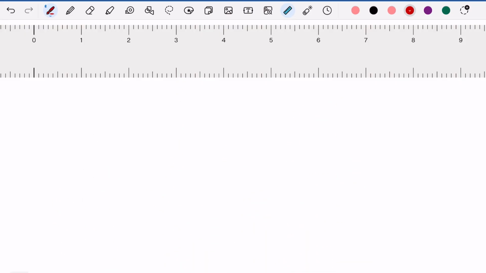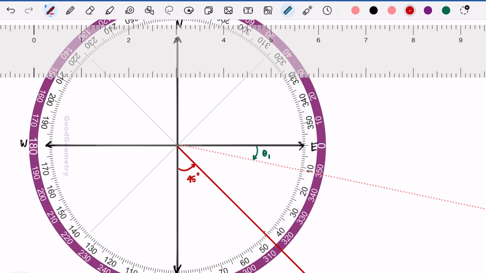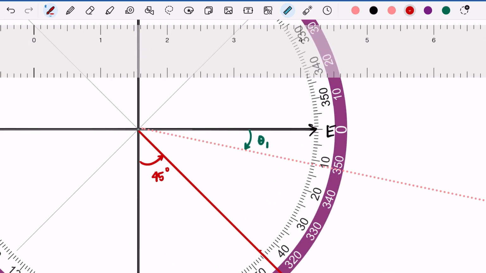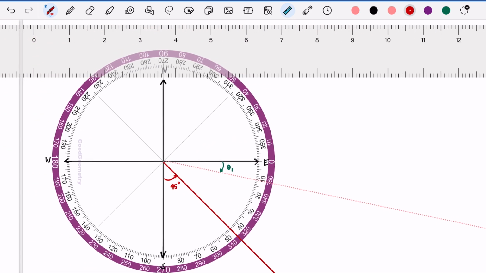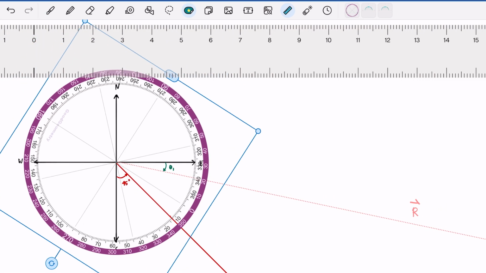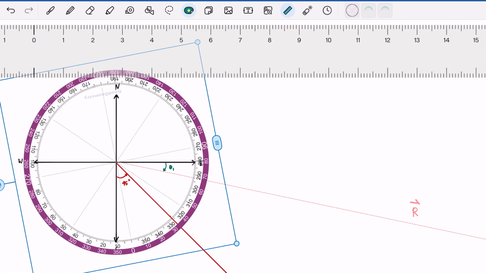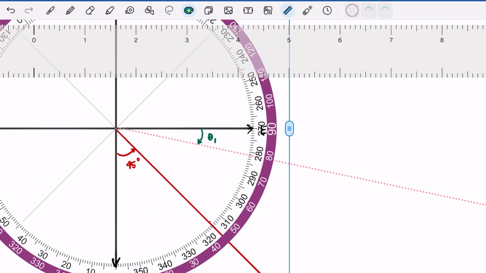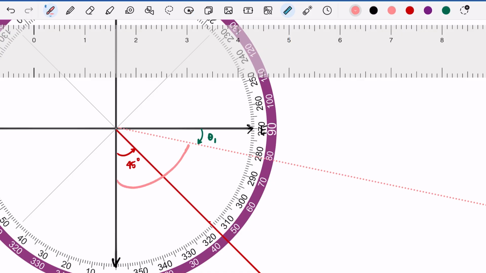Now the other angle is basically just the complement of that angle, where I will try to measure the angle by situating the 0 degrees along my south direction. So as you can see here, when I orient my protractor like this, I get the second angle. So basically you just have to pick one which is more convenient for you. This one right here, okay, I'm going to use still green.